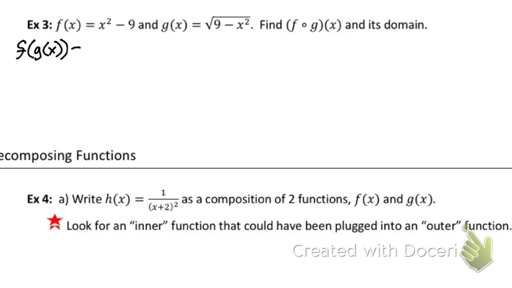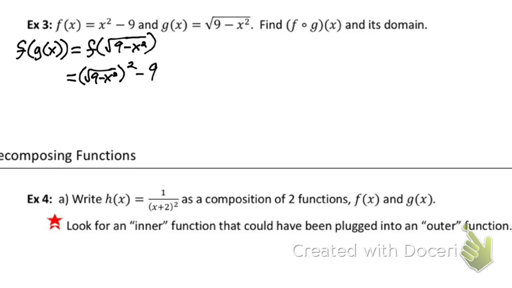Well, it doesn't change my g function at all, so I really just have f of square root of 9 minus x squared. I'm going to work downwards on this one so I have a little bit more room off to the side. Well, that's going to equal, our f would be square root of 9 minus x squared, that whole thing squared, minus 9.